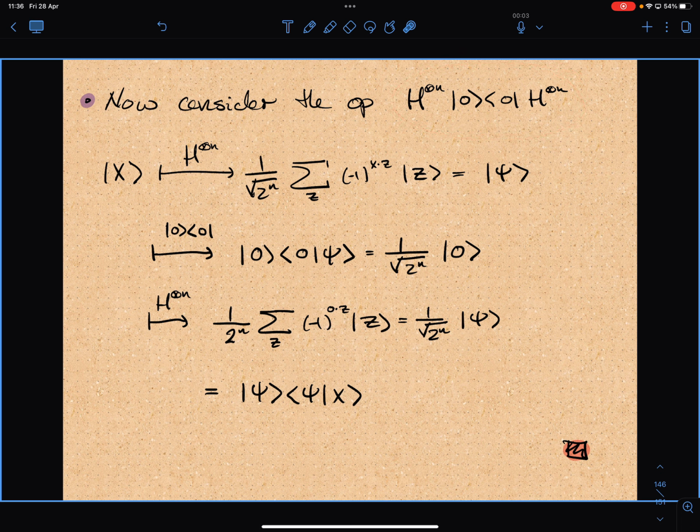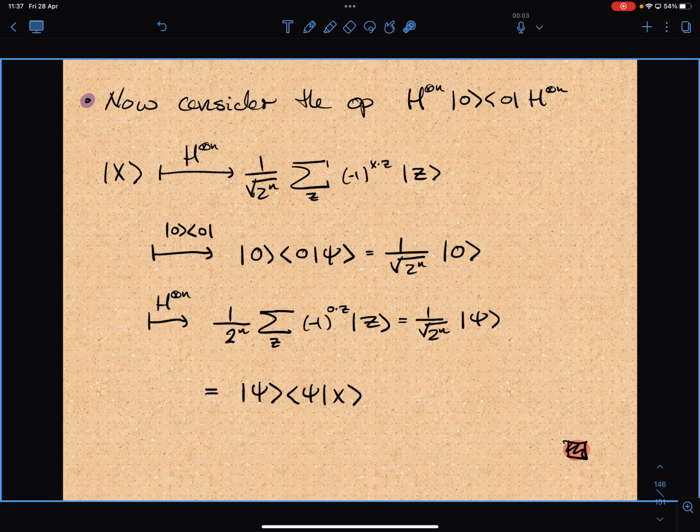In here, we're starting from any basis vector x, and the action of the tensor product of the Hadamard gates is again this linear combination of all the elements with phases depending on the dot product. And actually, this is not psi. Then I apply this operator first, then I apply this, which is equal to this.